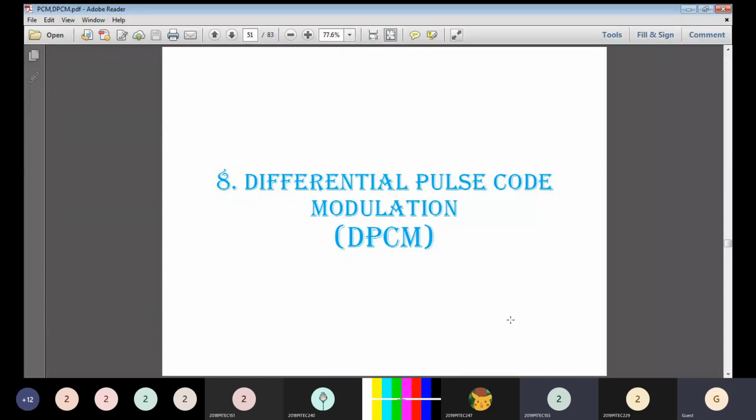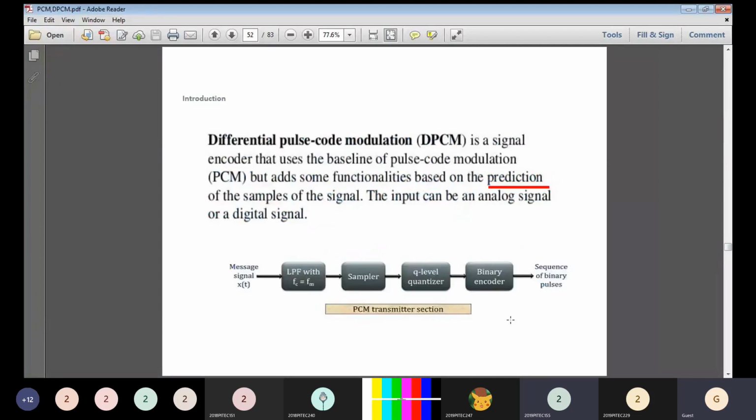That difference is coded. That difference is represented with the coded pulses. That's why it is said to be differential pulse code modulation. So we take the difference between two successive samples, and that difference is coded as digital pulses.